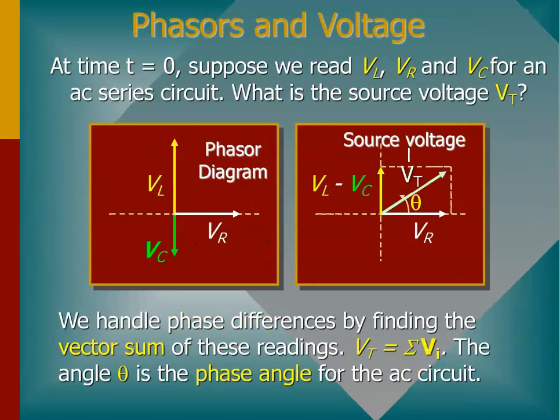Okay, so we simplify the graph right now to this graph over here, and simplify it again over here. As you can see, VR exists on the x-axis. Meanwhile, on the y-axis, because VL is bigger than VC, VL will be minus VC over here on the positive y-axis.